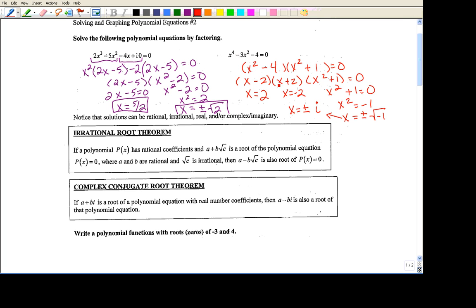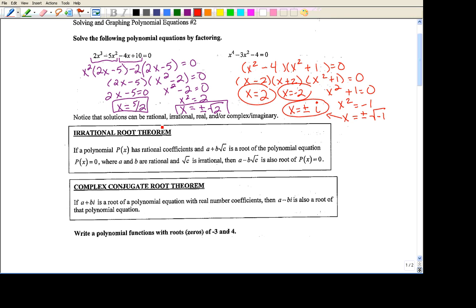So you'll see we had 4 solutions, 1, 2, and then there's 2 sitting right here, 3, 4. Notice that the solutions can be rational, as seen with the 5 halves, irrational, as seen with the square root of 2, real, and or complex or imaginary, as seen with this plus or minus i.